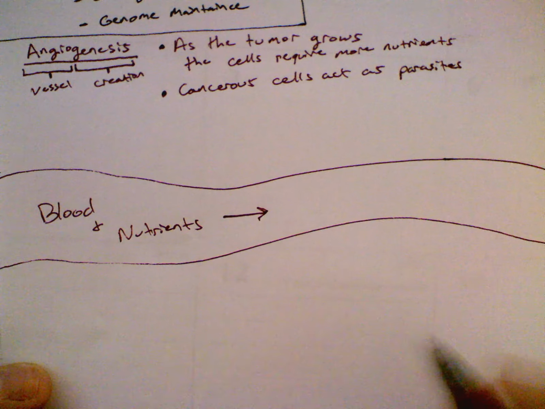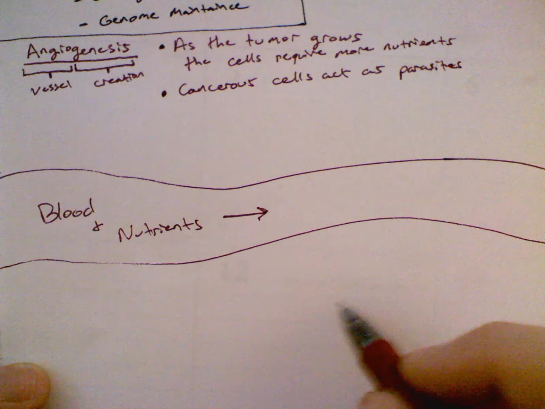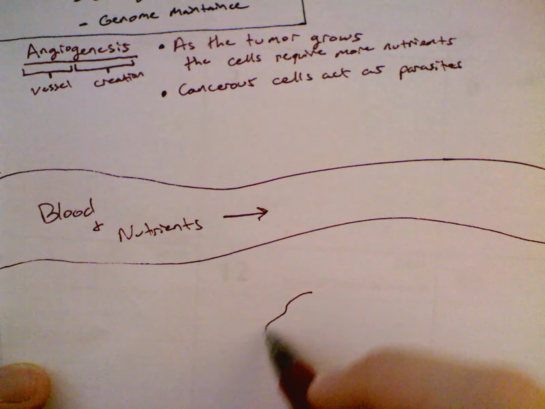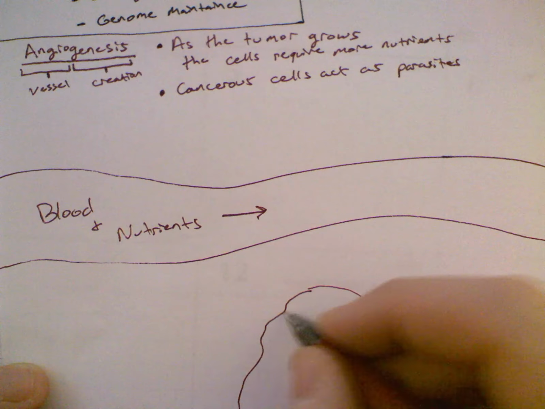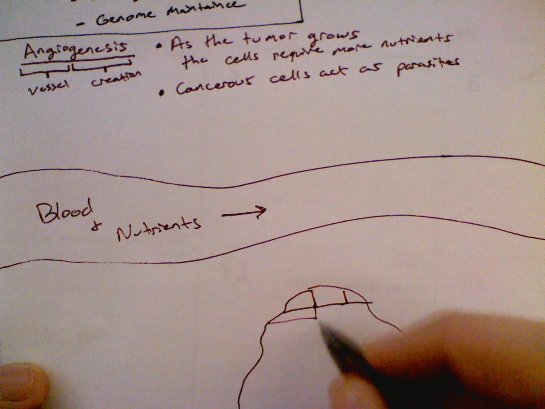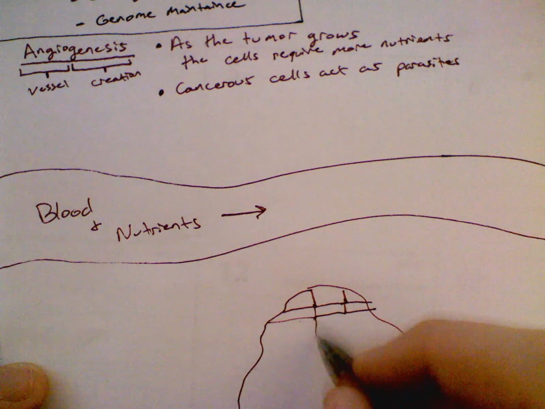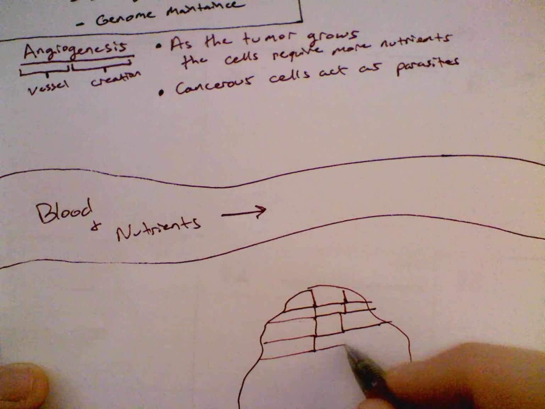And let's sketch in here a couple cells. So we have, here I'm just going to do it this way. I'll show a tumor that's formed. So maybe there's a tumor here. And this is all made up of cells. Apparently these are weird, varying rectangular cells.